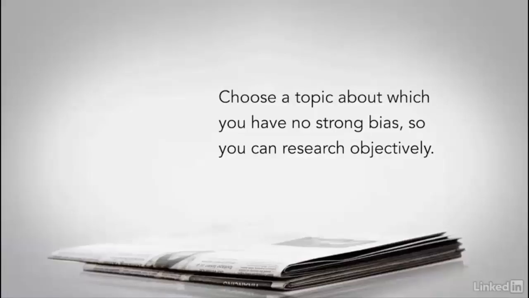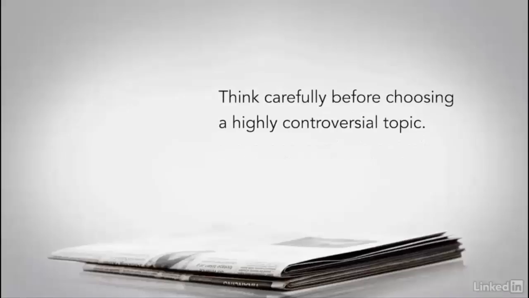A caution is to choose a topic about which you have no strong biases. If you're already strongly convinced that college athletes should not be paid, for example, then no amount of research will probably change your mind. And because you are closed-minded about the topic, you're more likely to find research that will support your bias rather than research the topic objectively. Another caution to consider is to think carefully before choosing a highly controversial topic.